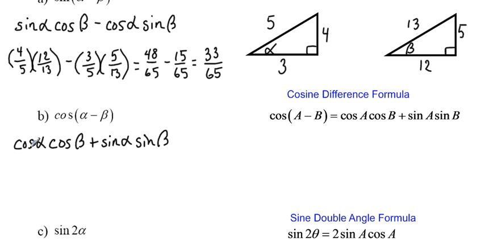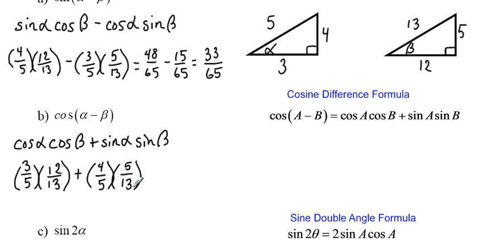of beta. The cosine of alpha is 3 over 5. The cosine of beta is 12 over 13 plus the sine of alpha is 4 over 5 and the sine of beta is 5 over 13.